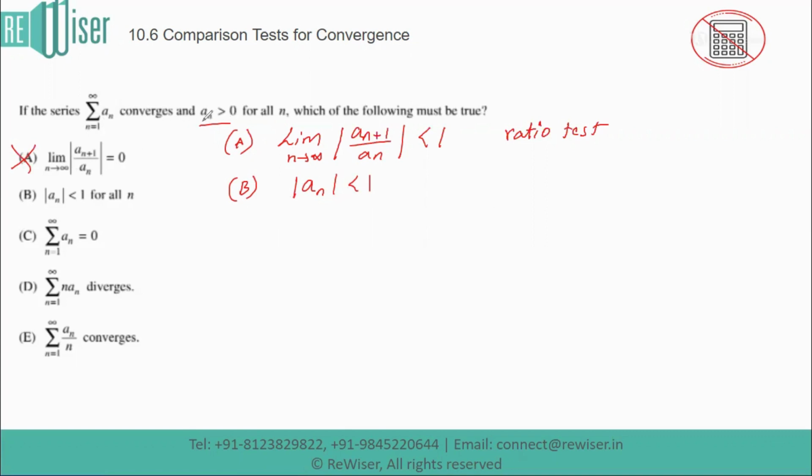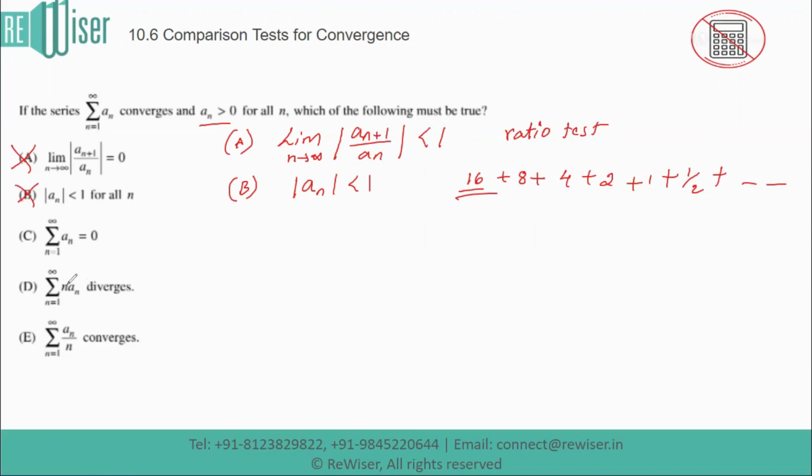For example, if a_n is greater than 0, I can have a geometric series like 16, 8, 4, 2, 1/2, and so on, where the common ratio is 1/2. This series would still converge, and here the value of a term can be greater than 1. So it is not like it must be less than 1. So this is also false.